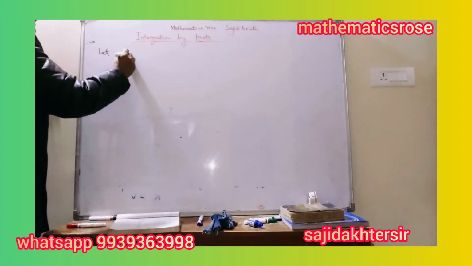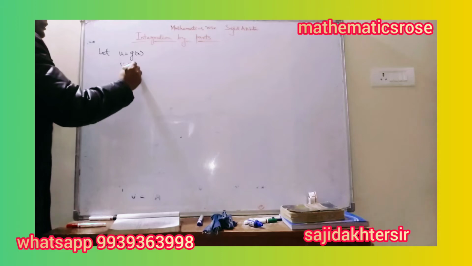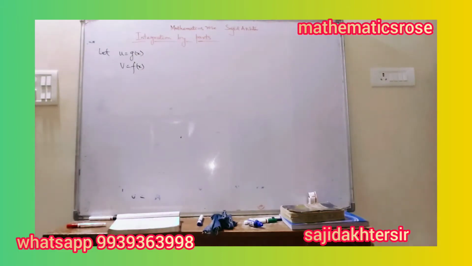Now, let u be a function of x and v be another function of x. So let us suppose u is equal to f(x) and v is equal to g(x).